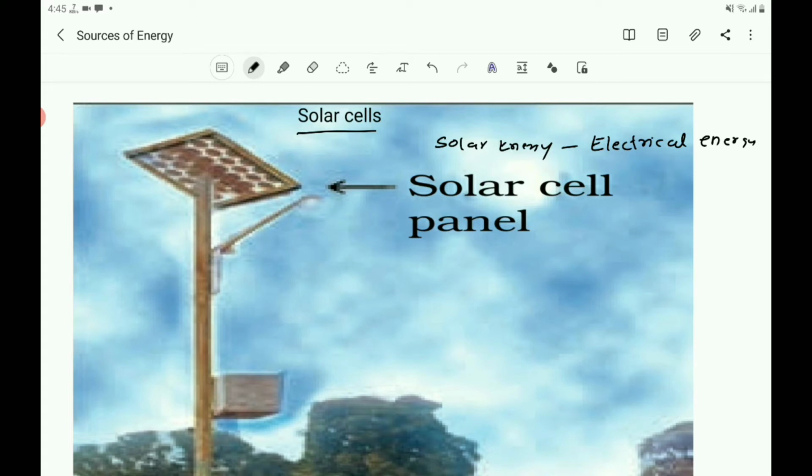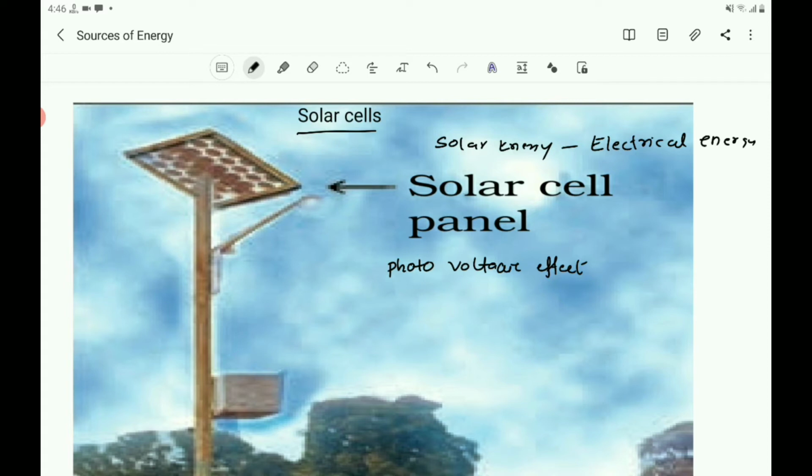The solar cell works on the principle of photovoltaic effect, that is generation of electricity directly from the sunlight. This occurs when solar radiation strikes certain sensitive materials like semiconductors, resulting in the flow of electrons or an electric current.